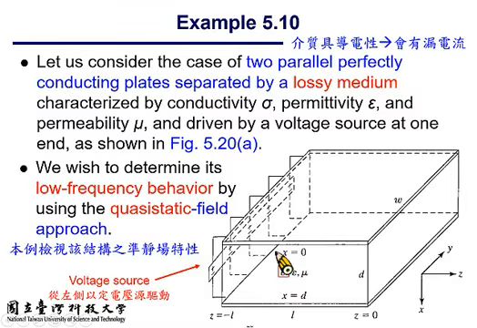All right, so let's consider the two parallel perfect conducting plates with an open circuit at the end. So this is fundamentally a capacitor, a parallel plate capacitor. However, the material in between has a conductivity, sigma. So if we apply a voltage source from the left, then what happens?